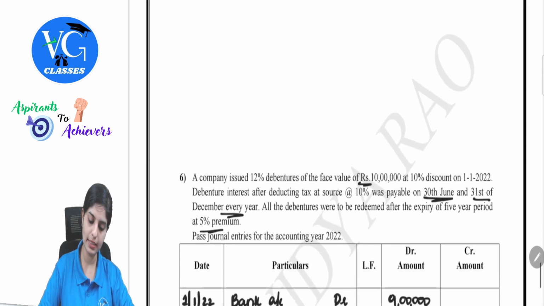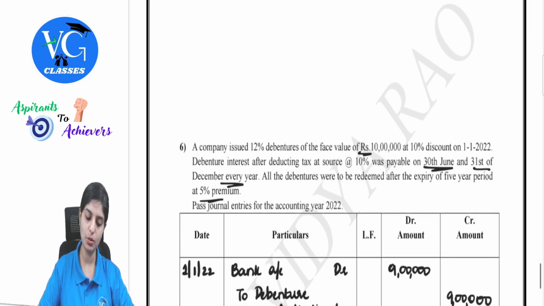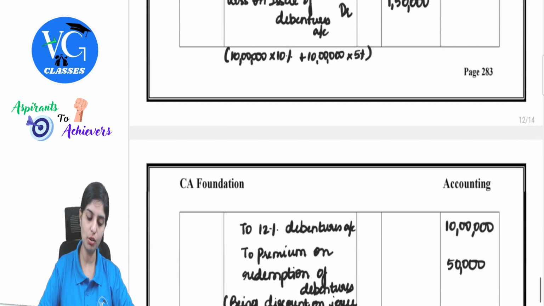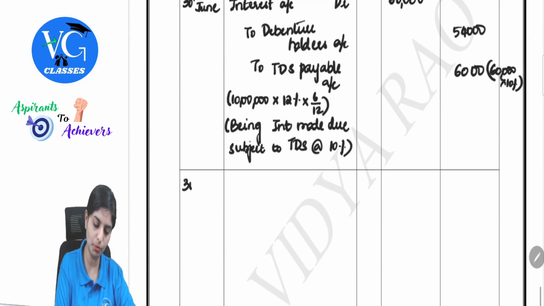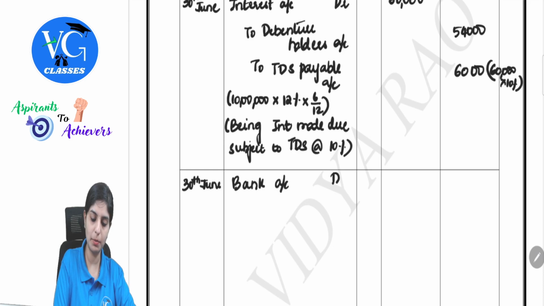The question says that the debenture interest after deducting was payable. All the debentures were redeemed. So we can understand this is paid. Let's assume that it is paid on the same date. Bank account, sorry, you are paying this.